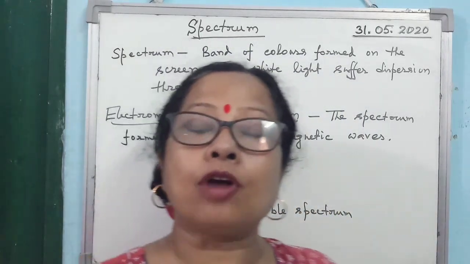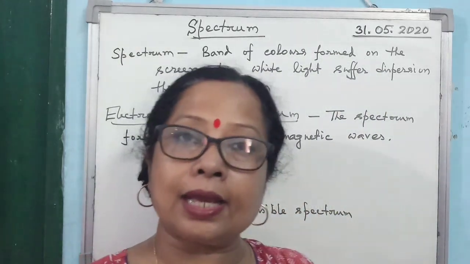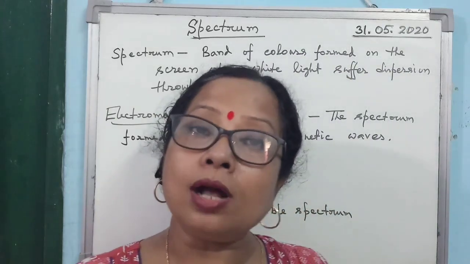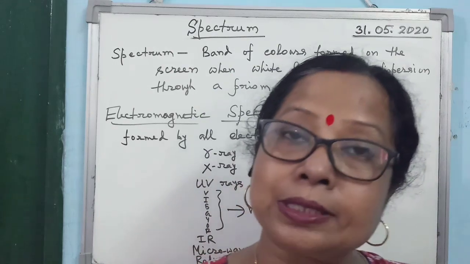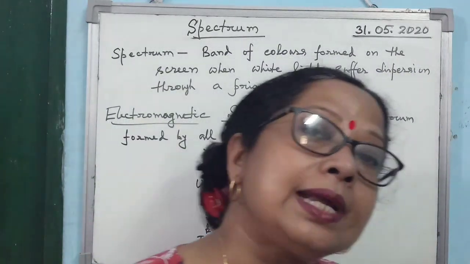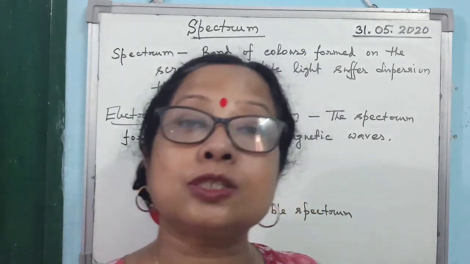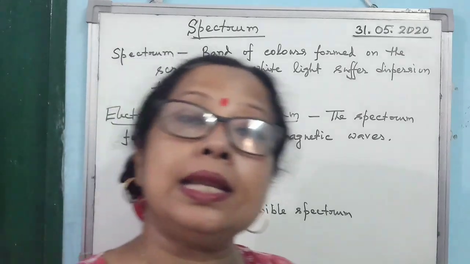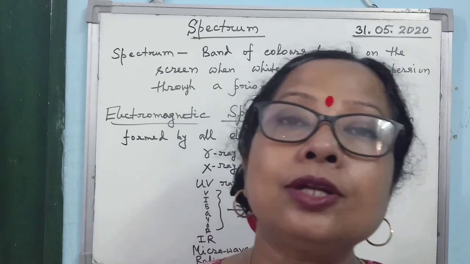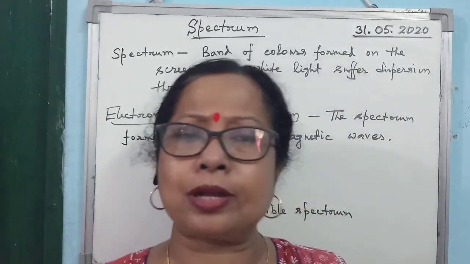So instead of only arranging the different colors according to wavelength, if you arrange all the electromagnetic waves according to their wavelength, in descending order or ascending order of wavelength, then you will get the entire spectrum formed by electromagnetic waves, and that is known as the electromagnetic spectrum. The simple concept of the electromagnetic spectrum is what?